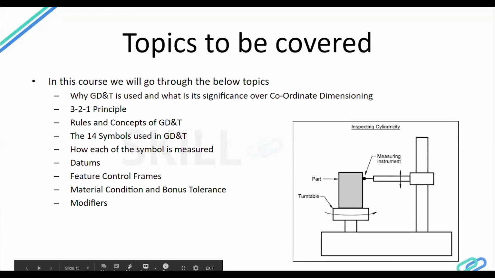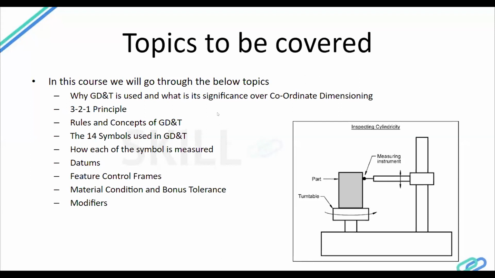We'll be having rule 1, rule 2, but what exactly is rule 1, what exactly is rule 2, what does it imply, and how does it play a role in each of the symbols. So that is also important. And how each symbol is measured, and what is the significance of each symbol. That is the main key part of it.